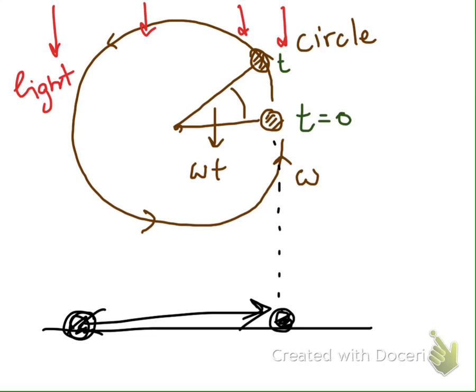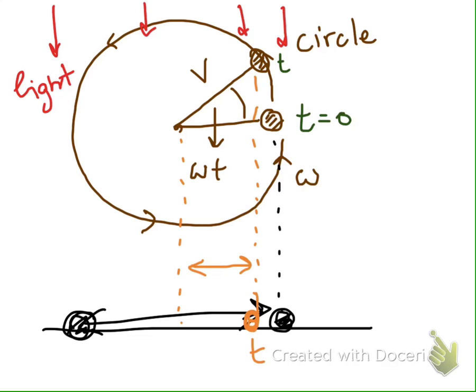And if I look at the shadow of the object at time t here, if the radius of the circle is v, what is the distance from the center point here to the position of the shadow at time t?